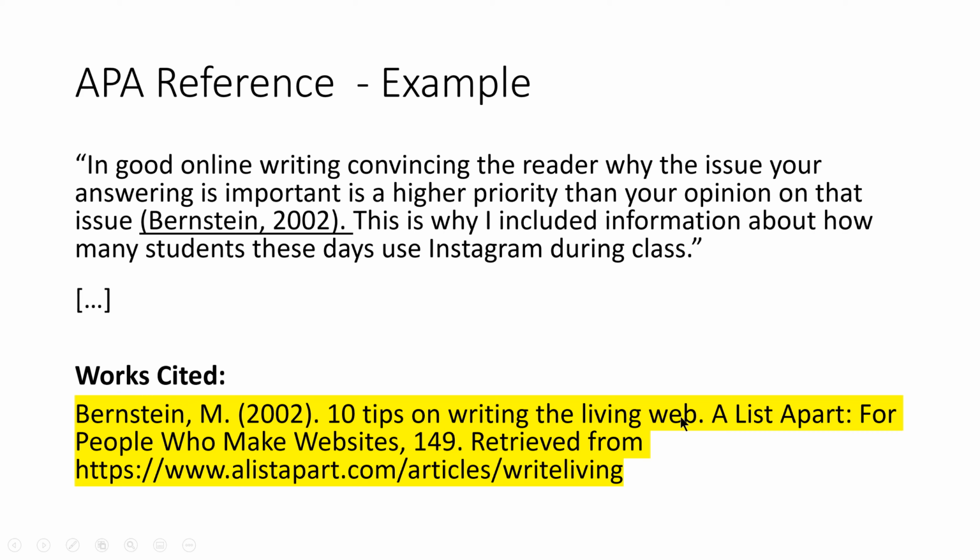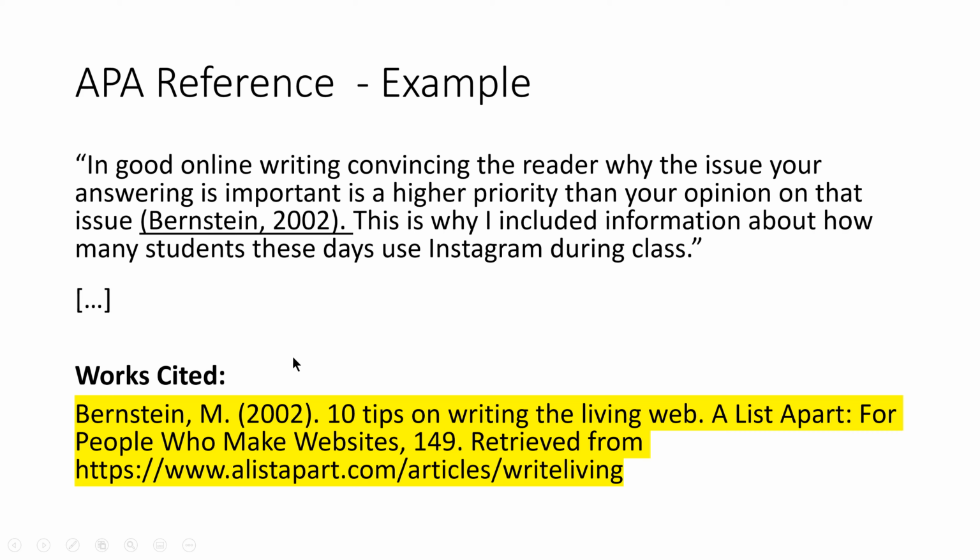Okay, this includes other information like the title of the site, the title of the article, and the full date and the URL or the link. It has all this stuff, so that way I can definitely make sure I can find the source that you're talking about. So you need both of these when you're doing APA citation, the inline citation and the reference.